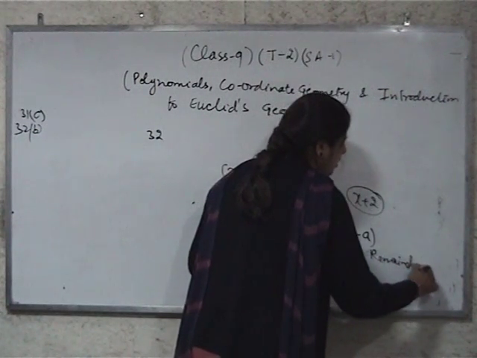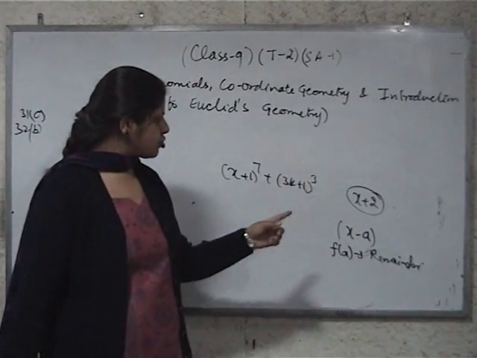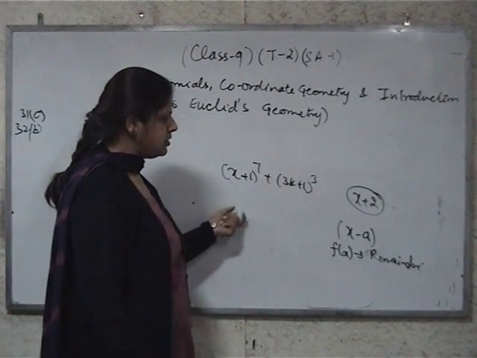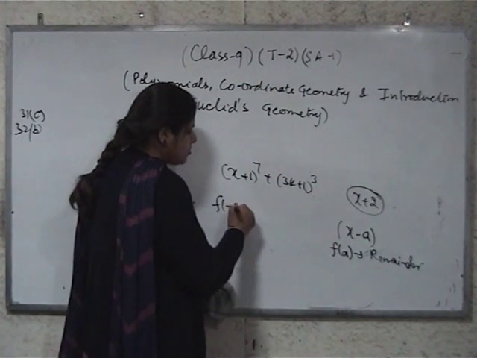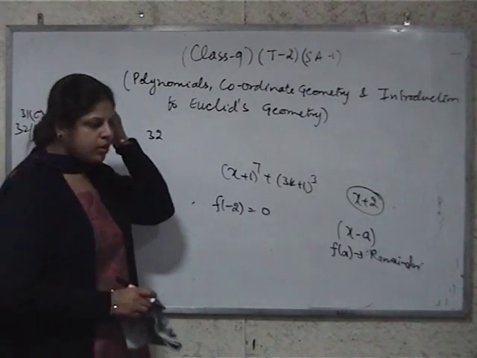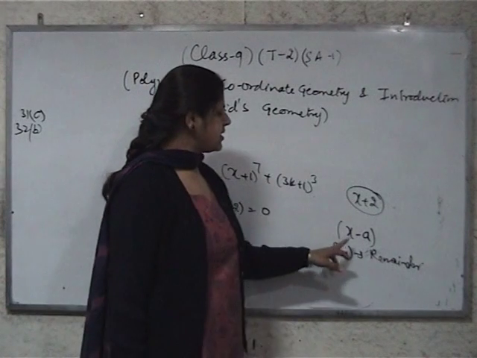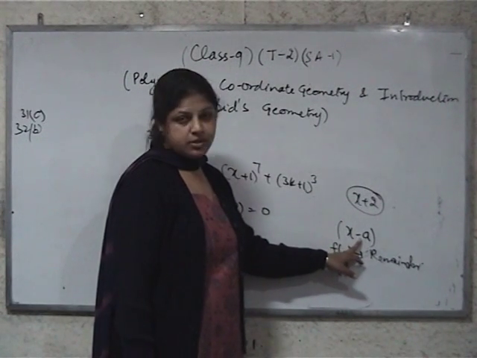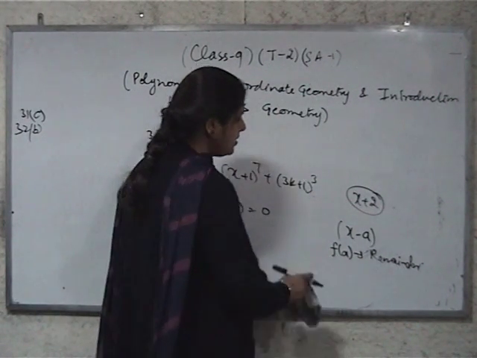Now x plus 2 divides it fully. It means f of minus 2 in this case must be equal to 0. So for any polynomial, if x minus a is a factor, we say the remainder is 0, or f of a in that case is 0.